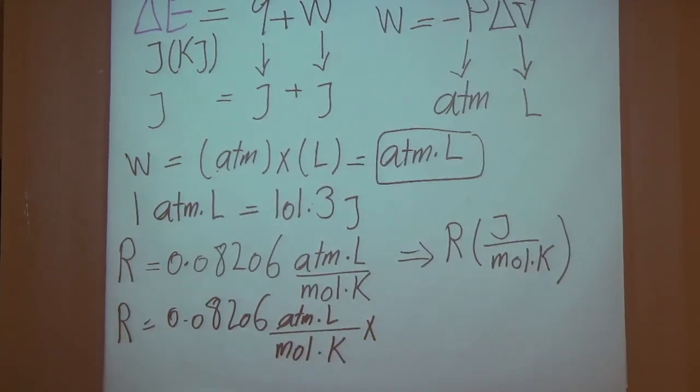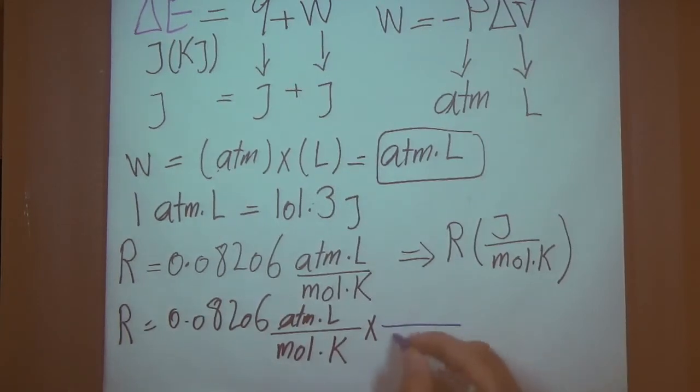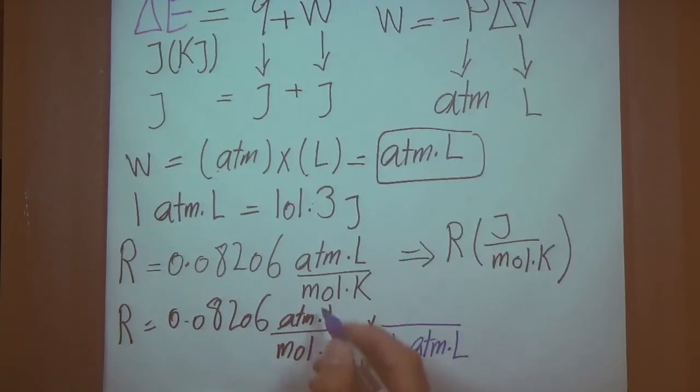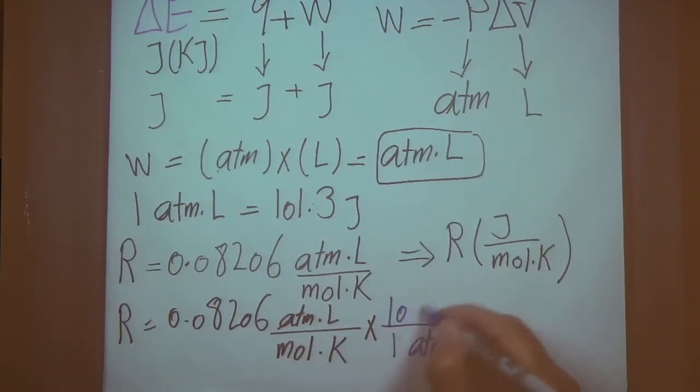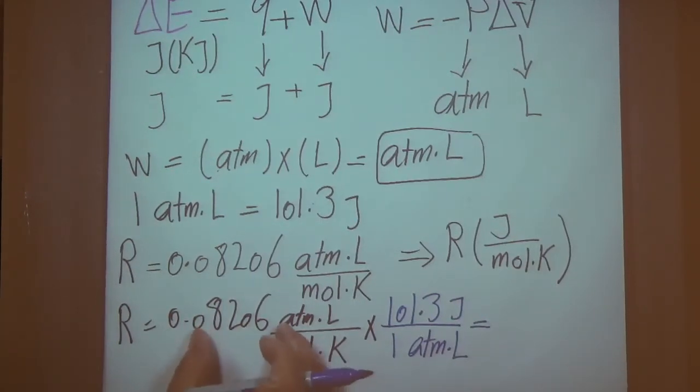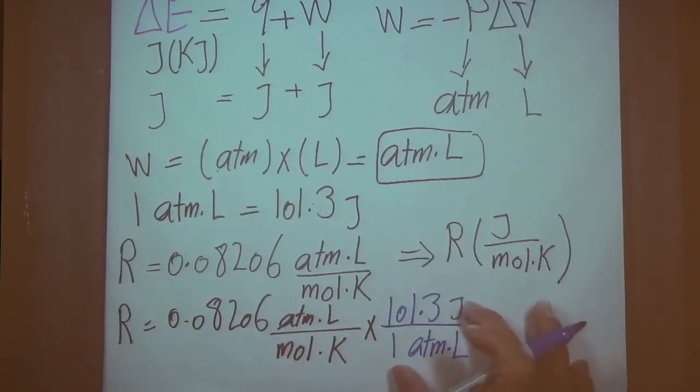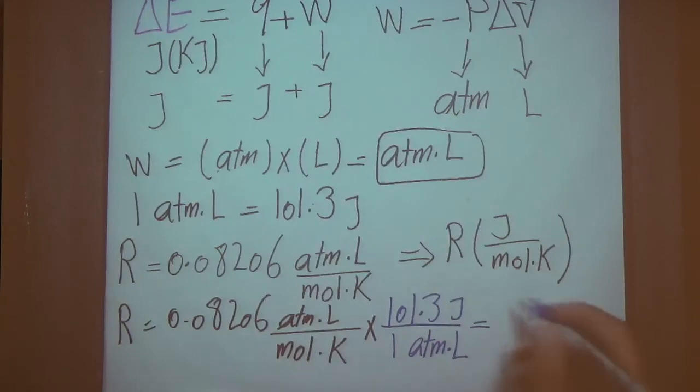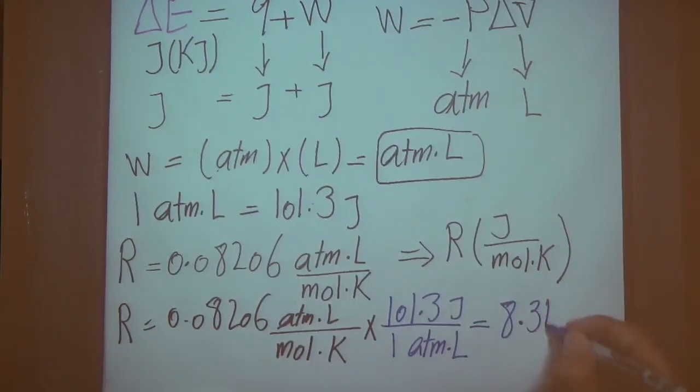I will say 1 atmosphere liter is equal to 101.3 joule. If we use the exact number for R and the right conversion factor, the final answer must be 8.314, unit joule over mole Kelvin.